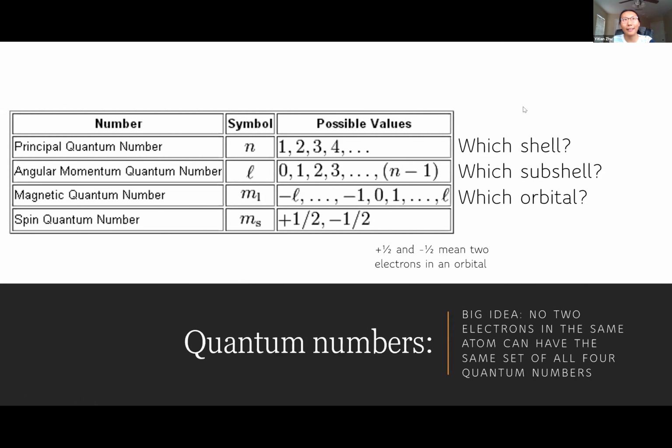So in the apartment analogy, it'll be which hallway of that floor the apartment is located in. And the third quantum number, the magnetic quantum number, which is M subscript L, tells you which orbital. So basically which specific apartment room does the electron live in. And the spin quantum number just says that there are 2 electrons that can live in an orbital, just like 2 roommates can live in an apartment.